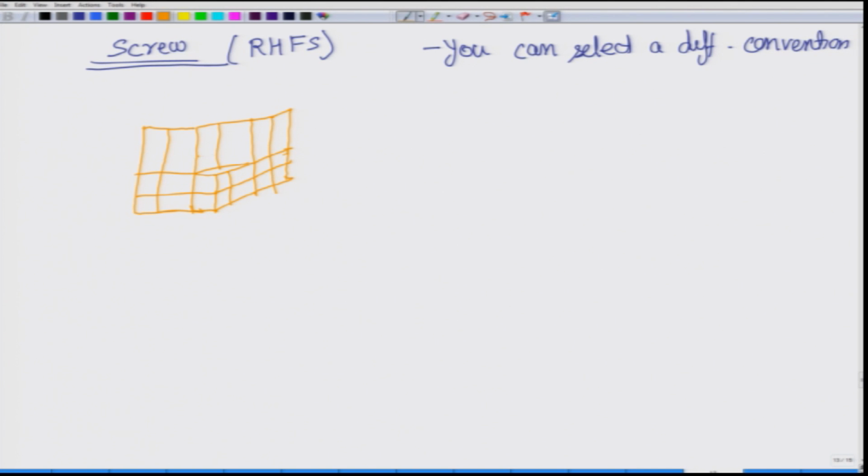Hopefully you are able to observe what is going on over here. We have something like a cube to begin with, but now it has been deformed such that there is a screw component over here.